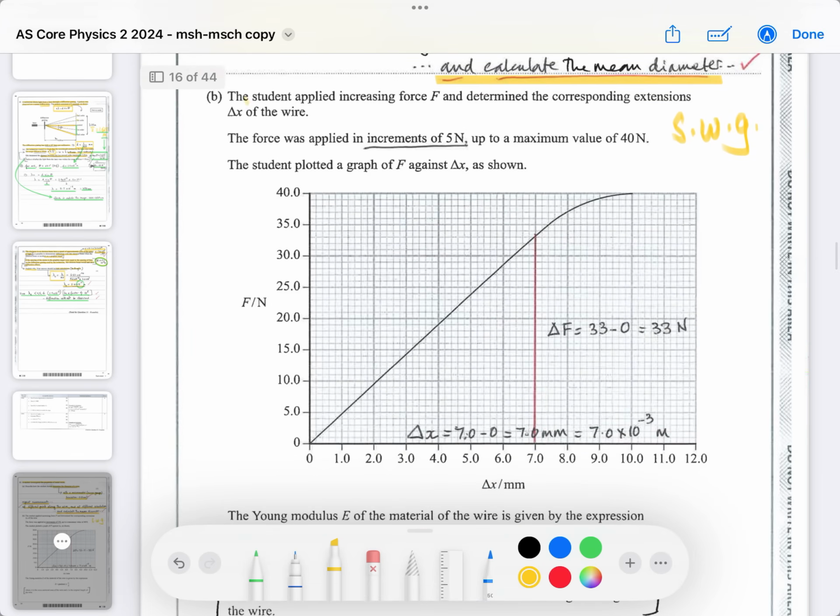The student then applied increasing force and determined the corresponding extensions of the wire. So they got force on the y-axis and extension on the x-axis. The force was applied in increments of 5 newtons up to a maximum value of 40 newtons.